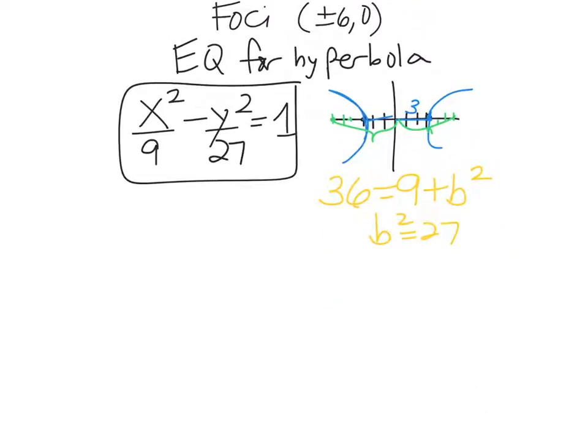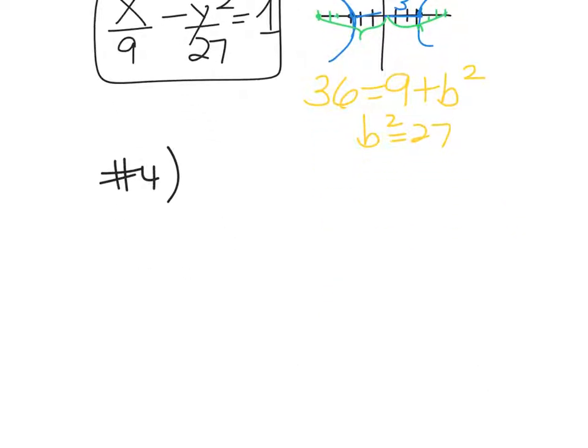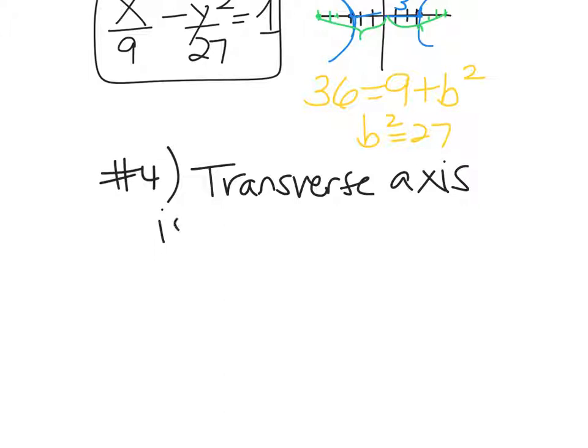All right, here we go, number 4. Last one. Okay. They tell us here that the transverse axis, okay, you got to know what that is in order to do this problem. So I told you what it was a minute ago. The transverse axis is vertical and is 4 units.